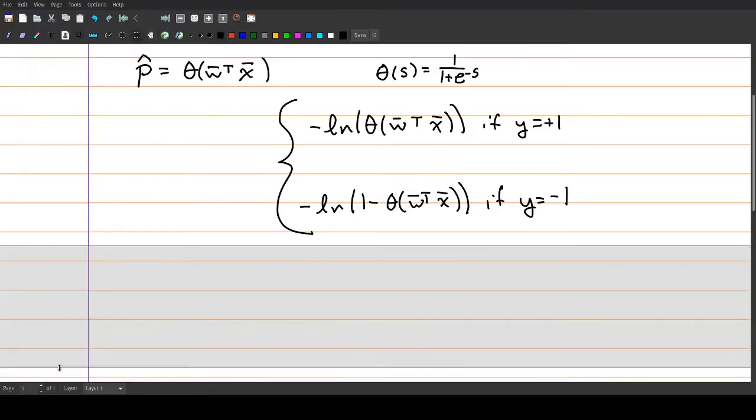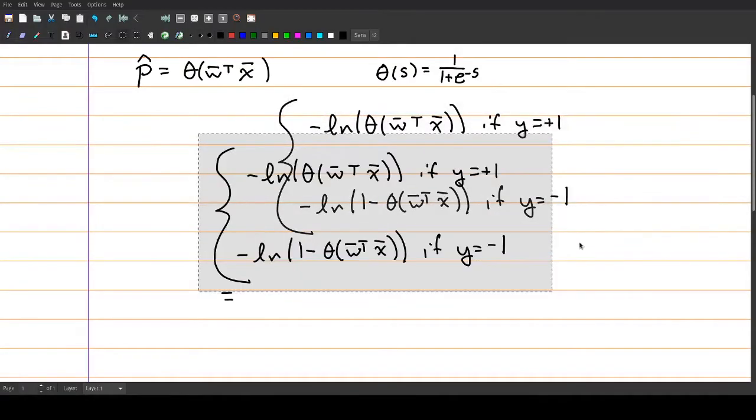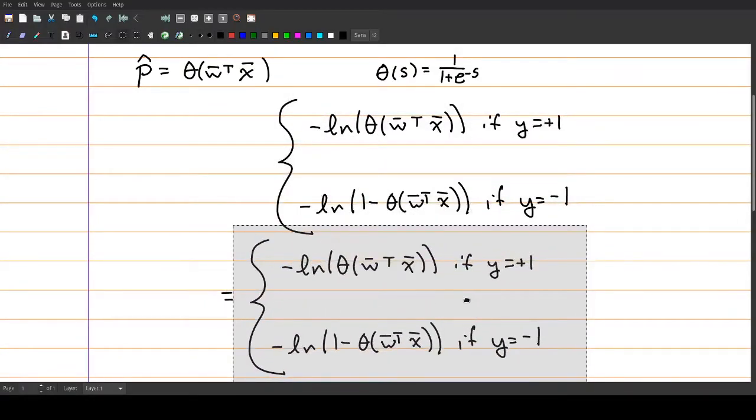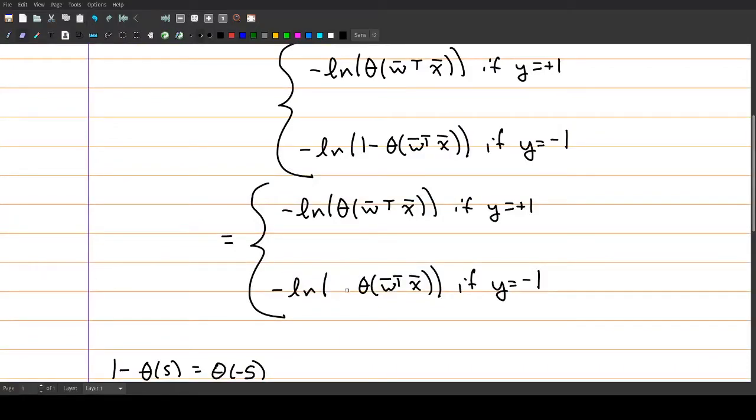Let's do it in a few steps here. So we've just established that this is the same thing as, maybe it would be easier just to cut and paste. Okay, except that now in this bottom expression we can erase this 1.